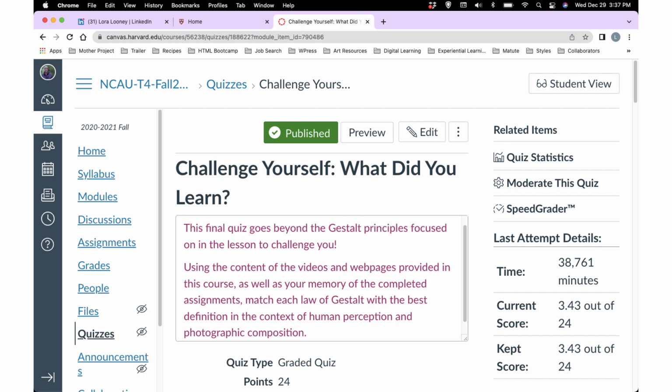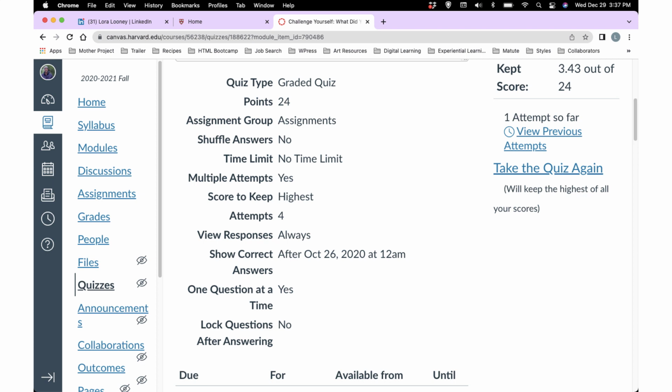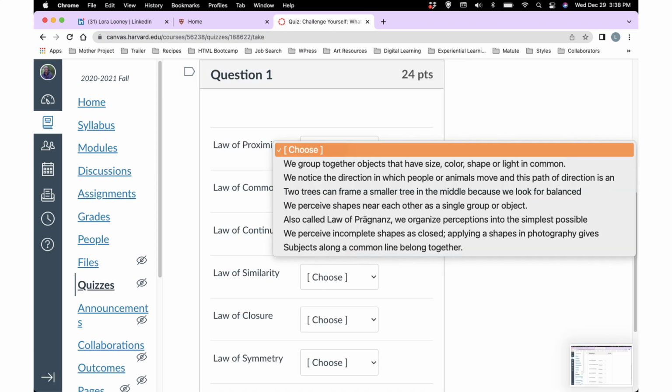This is a quiz really written for the behaviorist module, but I'm calling it a cognitivist quiz, and I'll show you why here. It's because, again, it's matching. There's definitions that I wrote for these different laws, Gestalt laws.